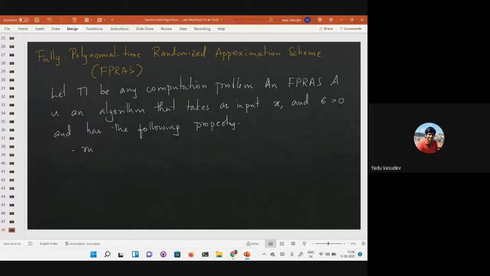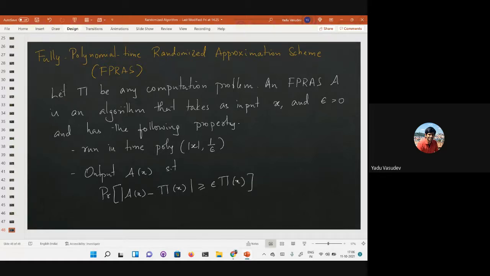It's going to run in time polynomial in the size of x and 1 over epsilon. And it's going to output A of x such that the probability that A of x and pi of x differ by more than epsilon times pi of x is at most a very small value.